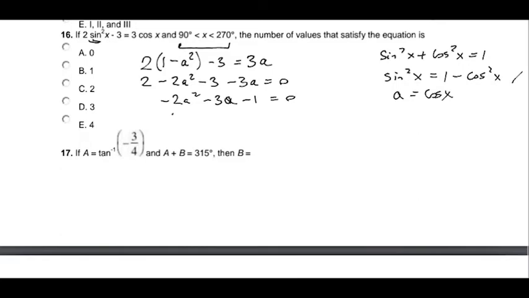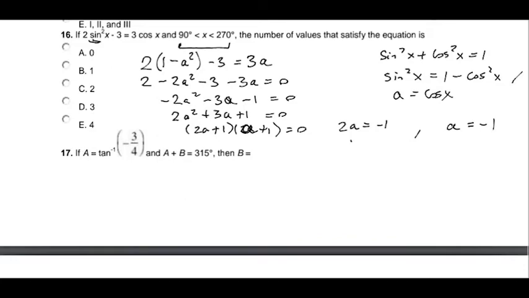So we have 2a squared plus 3a plus 1 is equal to 0. And if we factorize those, we get (2a plus 1) by (a plus 1). Now you know these. So 2a is equal to negative 1, or a is equal to negative 1 itself. So a is equal to minus 1 over 2, or a is equal to minus 1.